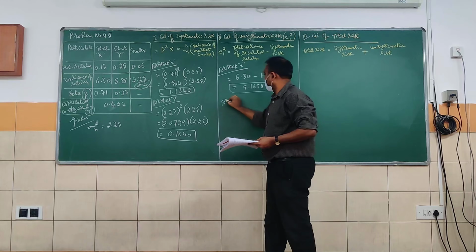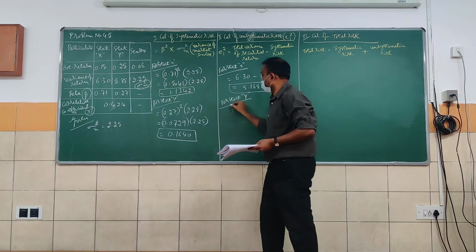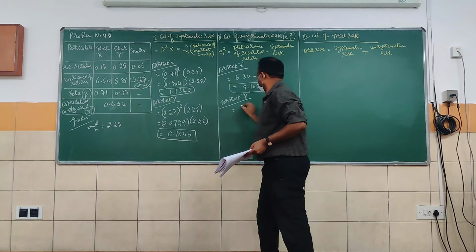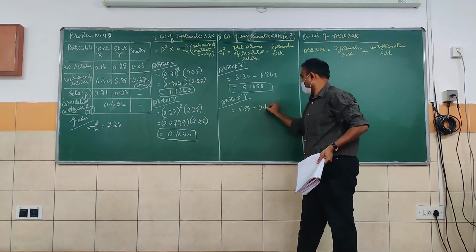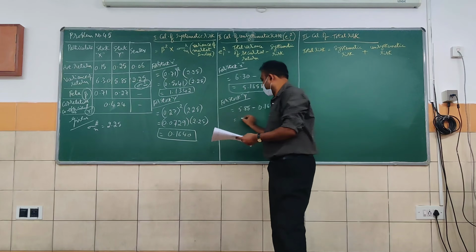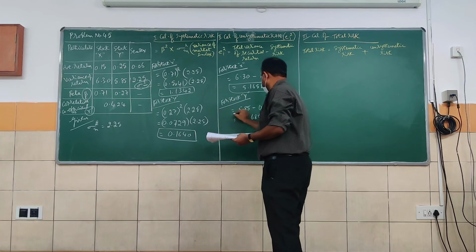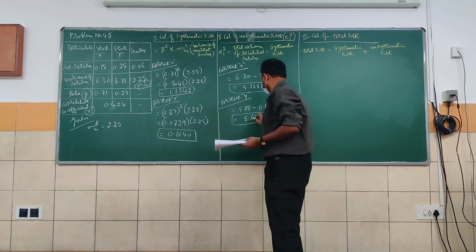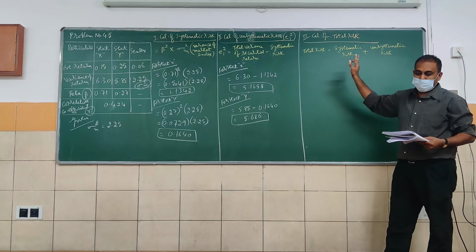Next for stock Y, 5.85 is the total variance minus 0.1640. Here you get 5.686. So after finding these two, we have to go for total risk.